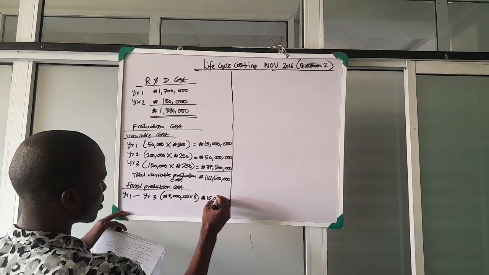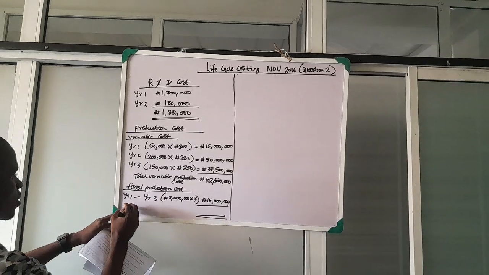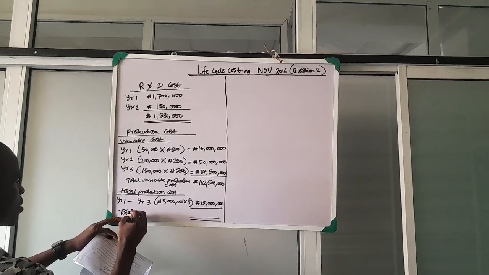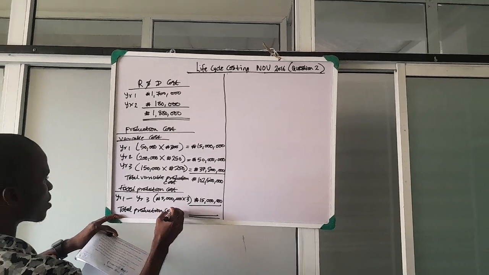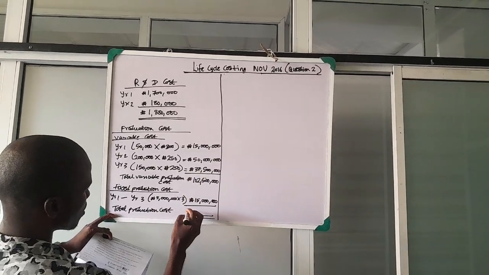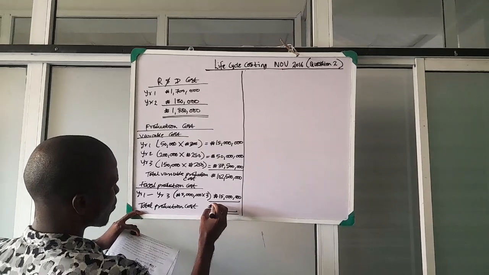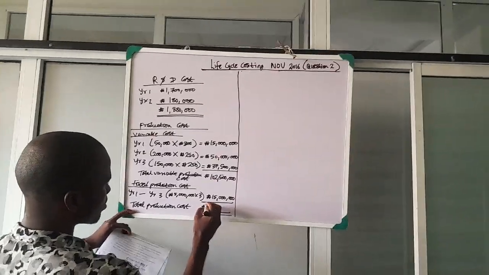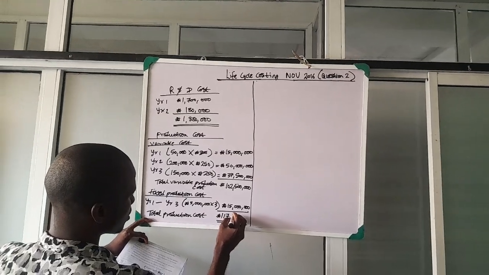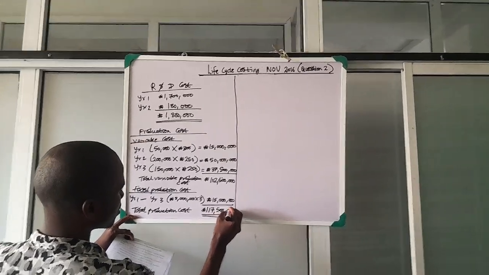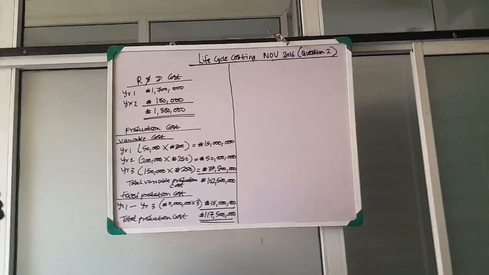The totality of the variable and fixed gives us total production cost. And the total production cost is 102 million 500,000 plus 15 million, which is 117 million 500,000. So this is total production cost.